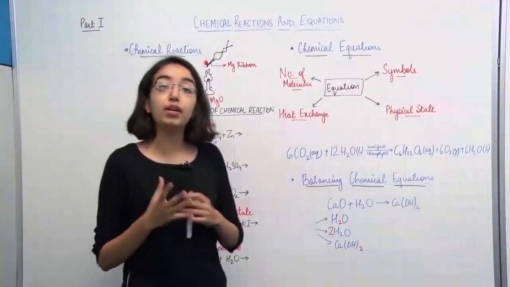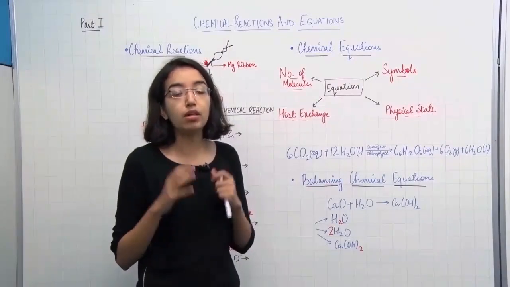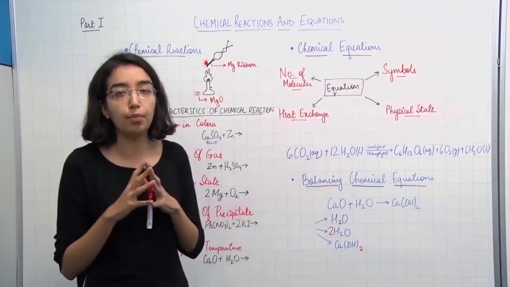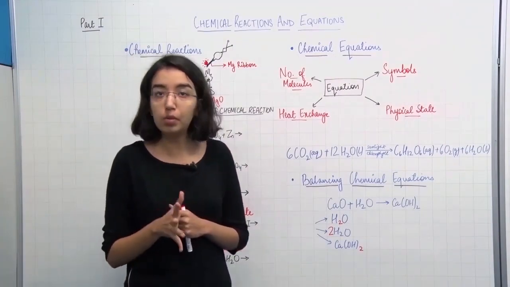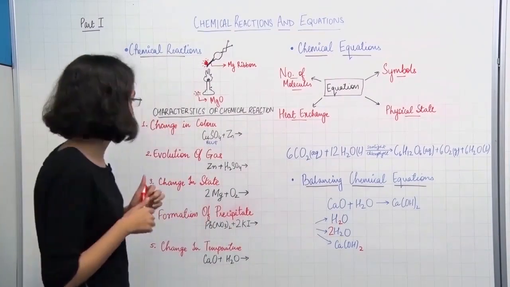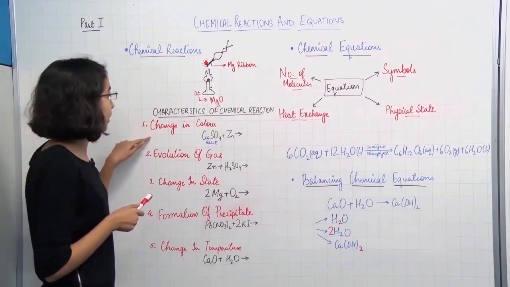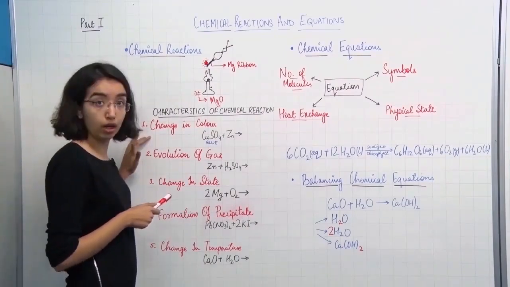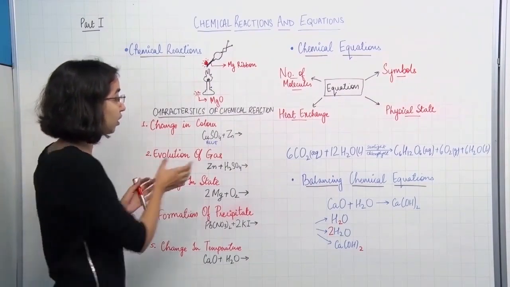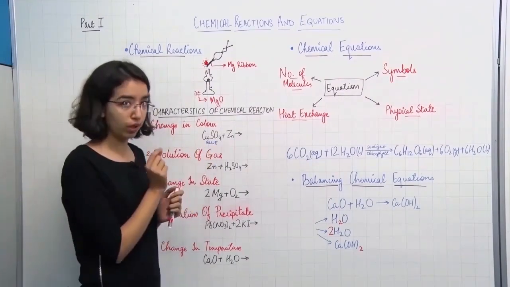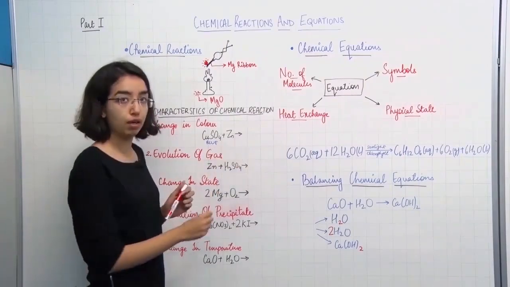Now every time a chemical reaction has occurred, there will be certain features, certain things that will happen that will tell you that this reaction is a chemical reaction. Now we will be discussing those 5 features. The first characteristic of a chemical reaction is change in color. For example, you take a copper sulfate solution, it is blue in color, and you add a piece of zinc metal.